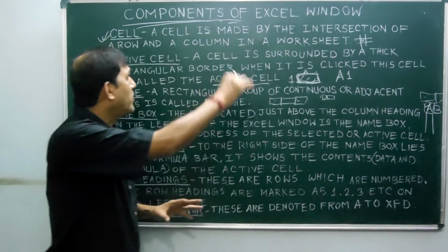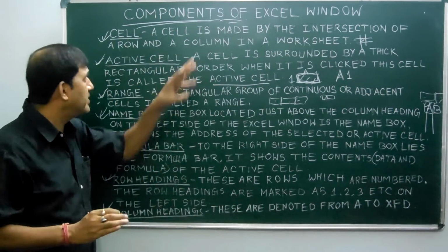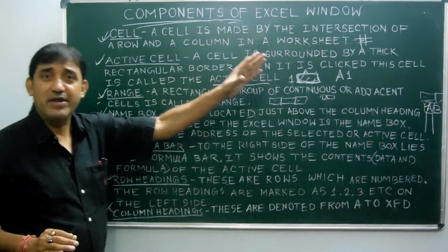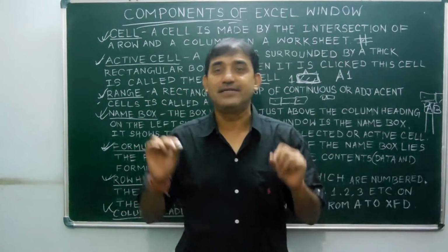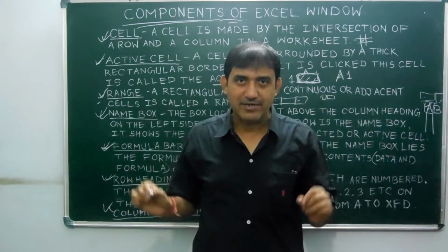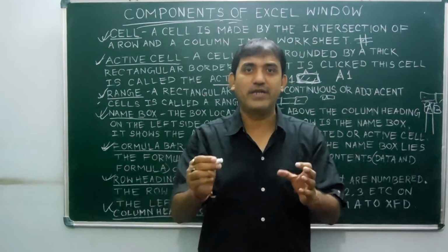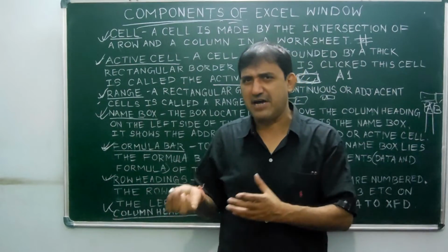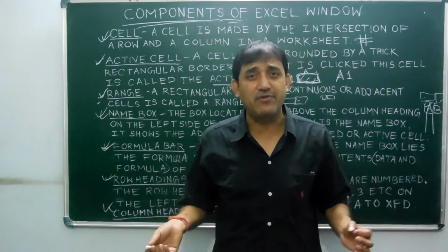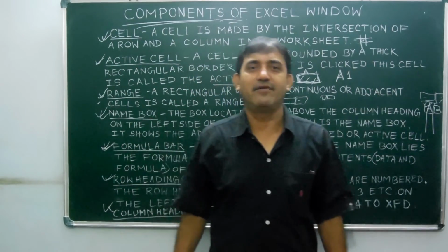This total is the main features, or components, of the Excel window. Just as you open it, the window comes in, and these components you must know. It can come in your Olympiad examination or school examination, but the concept has to be known. Thank you everyone. This is all I will say to you.